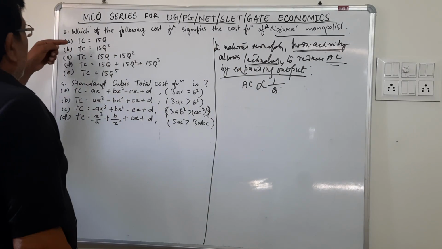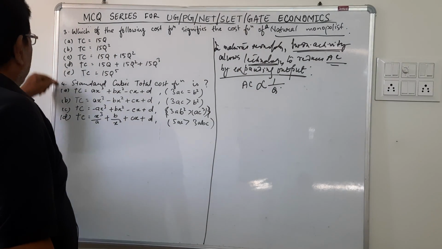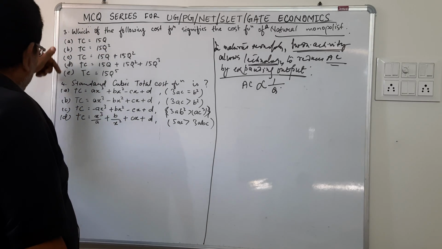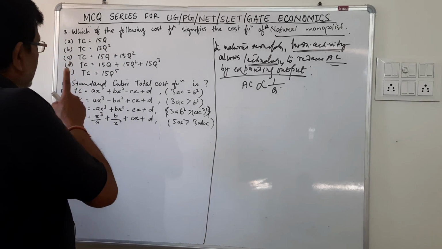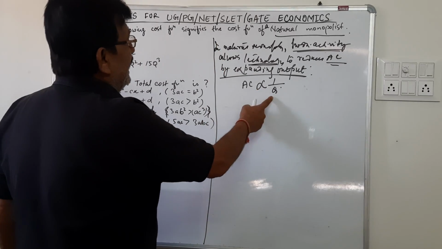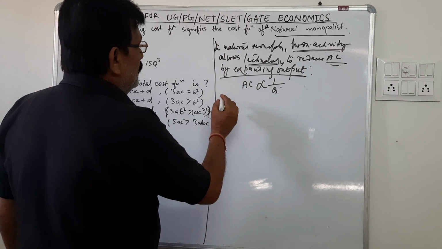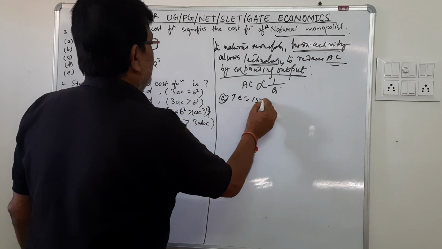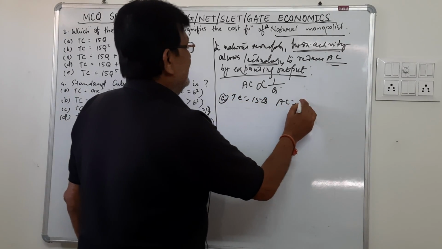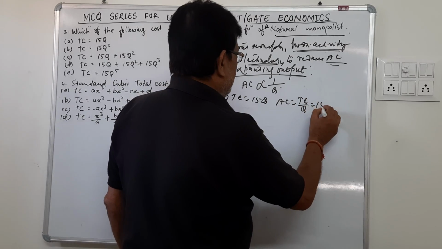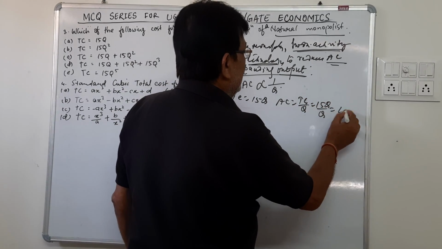Now here we have 5 TC. We shall calculate average cost for all TC, and only that TC will relate to the natural monopoly, whose AC would be inversely proportional to output. So number A, TC is 15Q, so AC is TC by Q, that is 15Q by Q, that is 15.